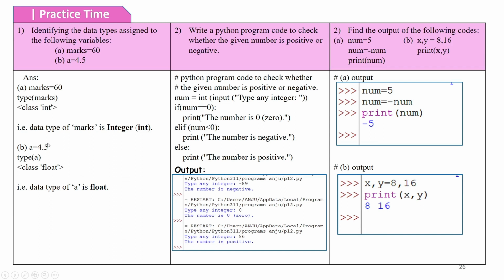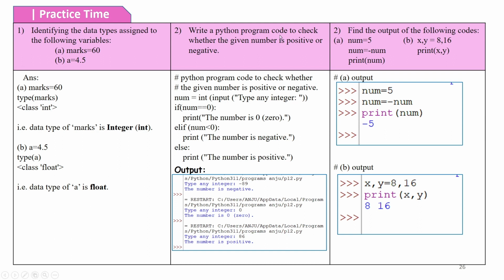Then A is equal to 4.5. It is using a decimal point here. So when you write type, type is a function which will give you the data type of the variable or any argument that is provided inside the bracket. As an output it will show you class float. That means the data type will be float.